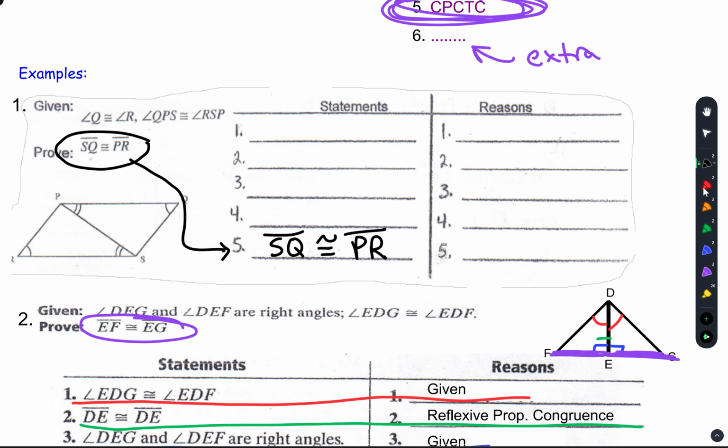Then I'm going to go back to the beginning and I'm going to take care of those givens. Q and R are congruent. That's my first piece. This is R over here, by the way. Second piece, angle QPS and angle RSP.